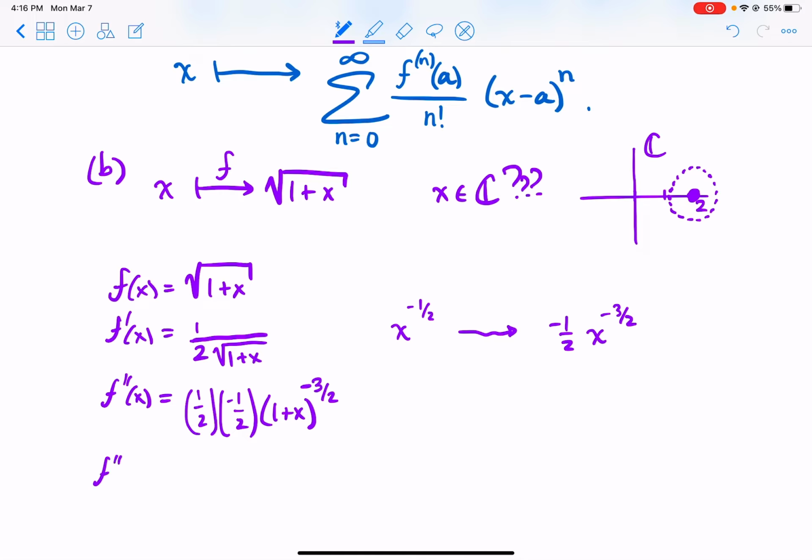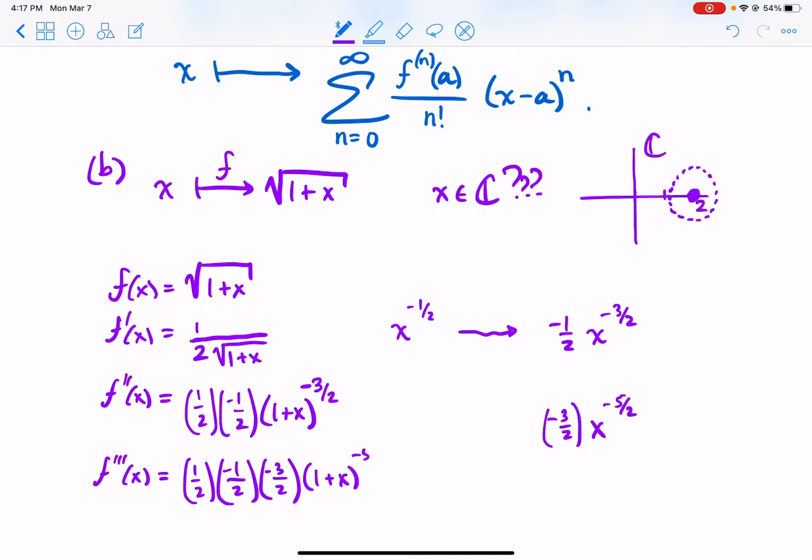Okay, and then f triple prime of x equals, and so what's that going to be? Well, we're going to get now a negative 3 halves coming down into x to the negative 5 halves. So I guess it's going to be 1/2. And we could keep going, but let's stop at 3 derivatives. Hopefully I did this right.